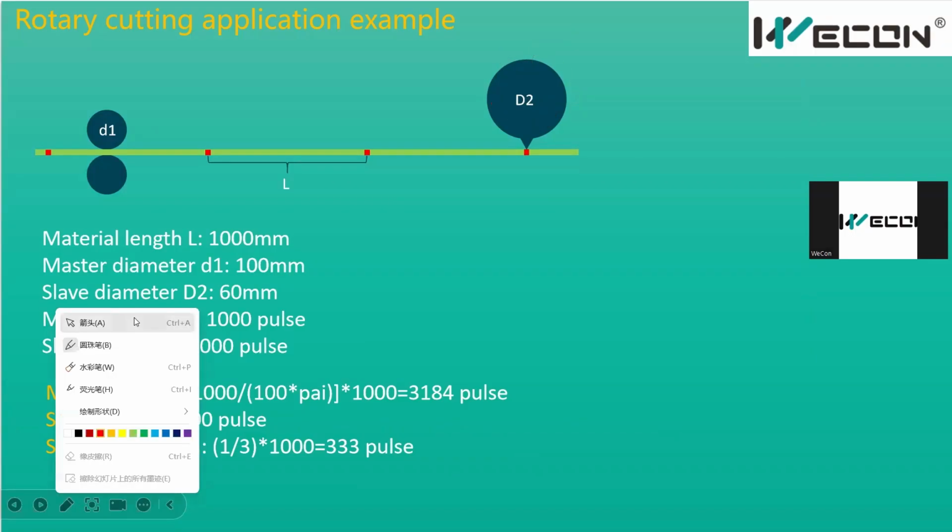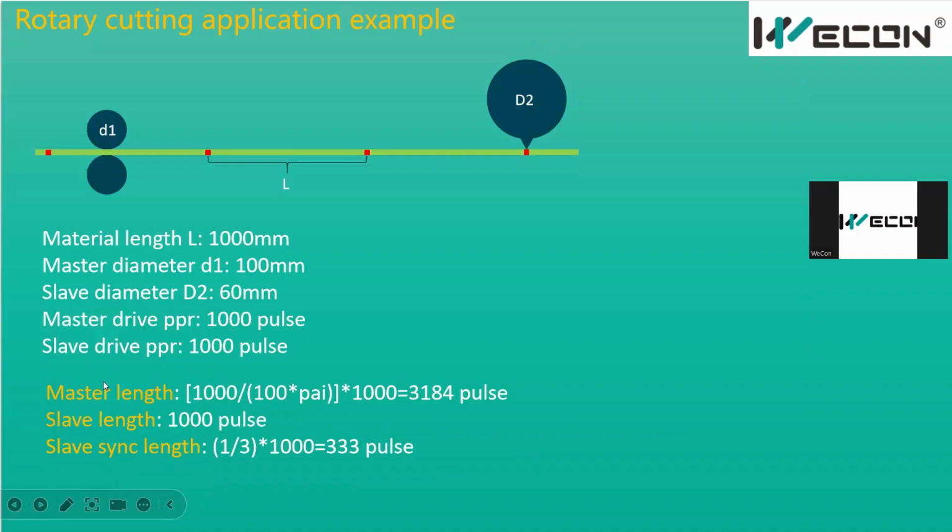And now we have only a single cut and no reducer. So the PPR of the driver is the slave length, 1,000 pulses, and the slave sync length we set as about 33% of the slave length. So it is 333 pulses.